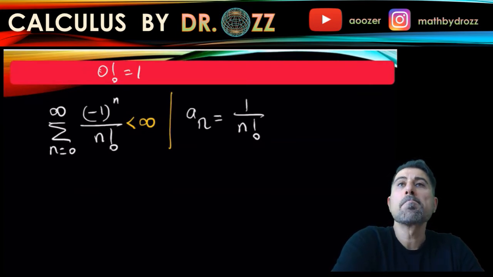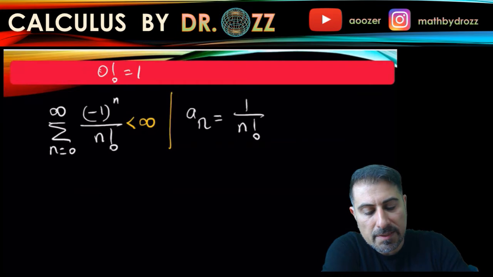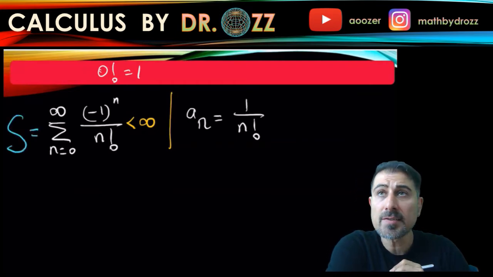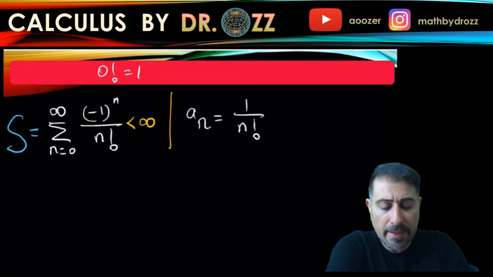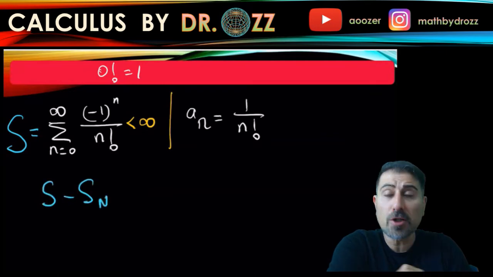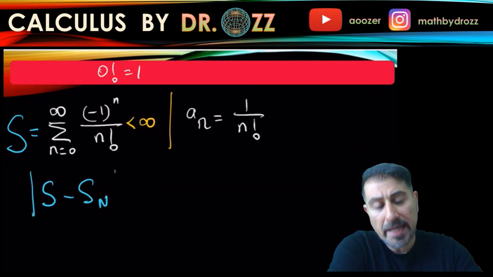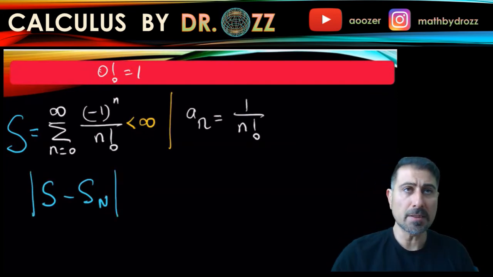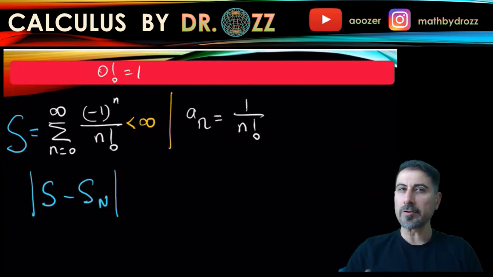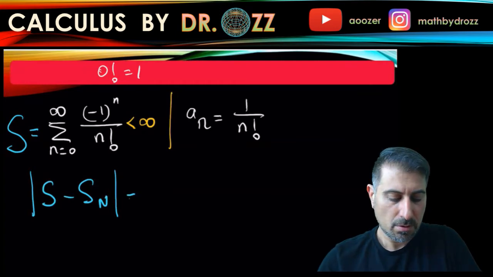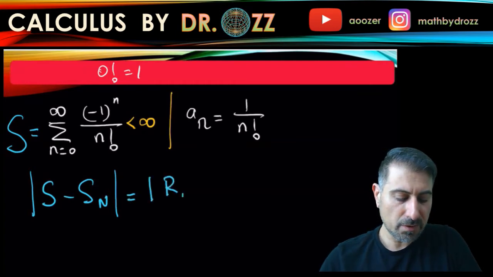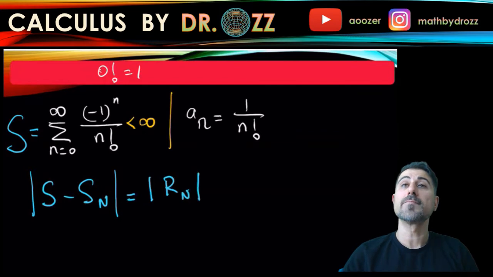So what I'm going to do here is that the actual sum is S, and I'm going to approximate it by the partial sum S_N, so that S minus S_N is the tail that I discard in the infinite sum. That means I'm making an error, and that is the absolute value of the tail, as I just said.